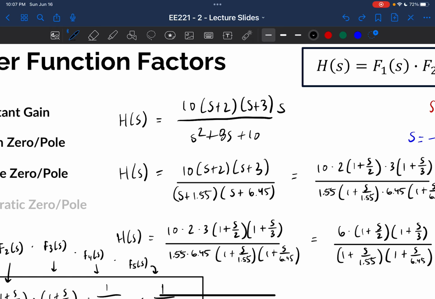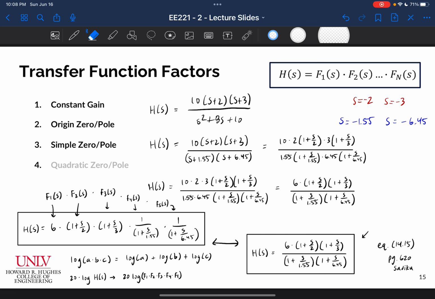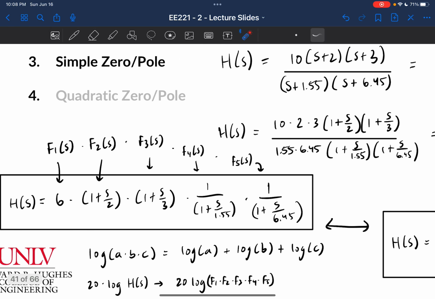Because if s equals 0, at the origin, then in the numerator the whole thing goes to 0, and in the denominator the whole thing goes to infinity at the origin, right? But in this case, we don't have any origin poles or zeros. We have simple poles and simple zeros, which take this form. These 2 are simple zeros, and these 2 are simple poles. A simple pole is just 1 over the exact same expression for a simple zero.